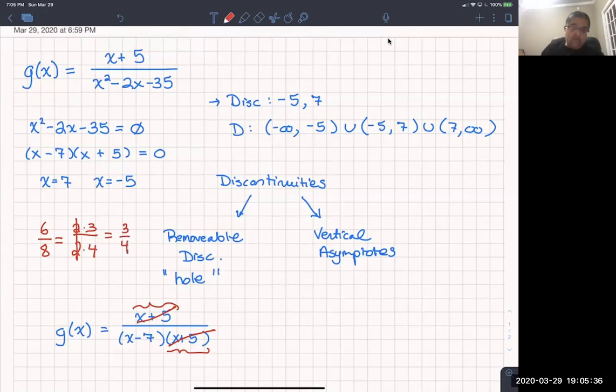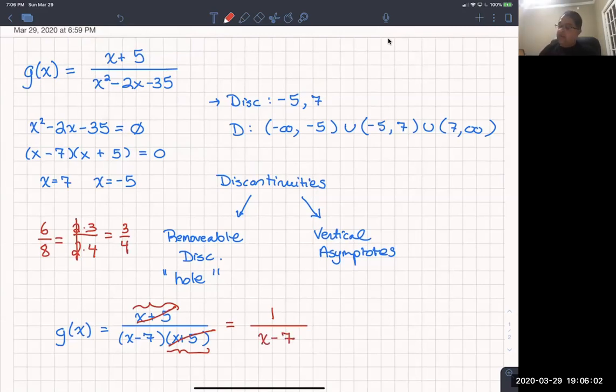In the same way, because polynomials are numbers, I can reduce a rational function like I can reduce a rational number. I have x plus 5 in the numerator and in the denominator, and I can remove that. That gives me a reduced rational function of 1 over x minus 7.